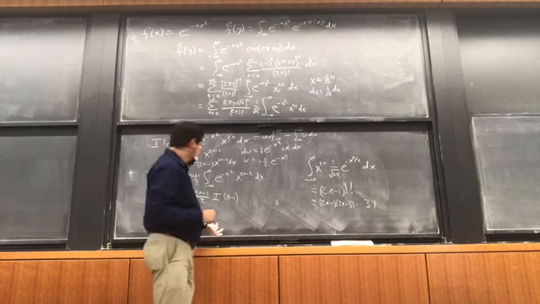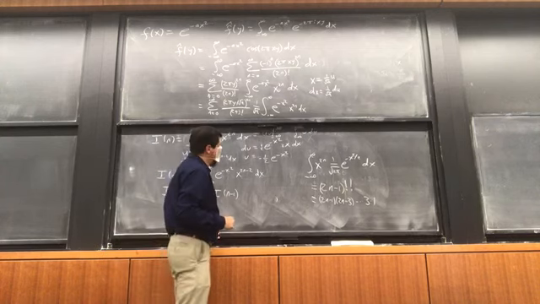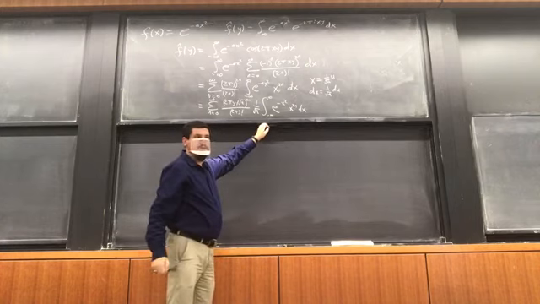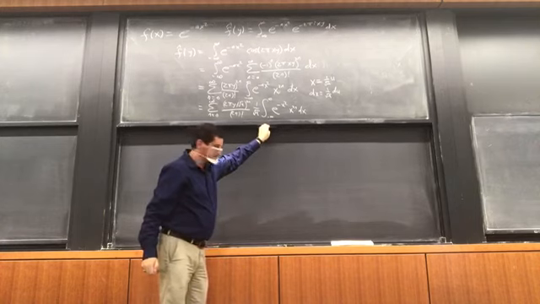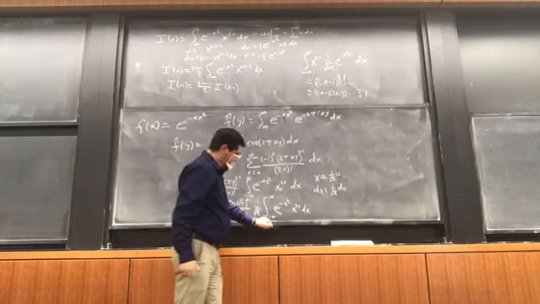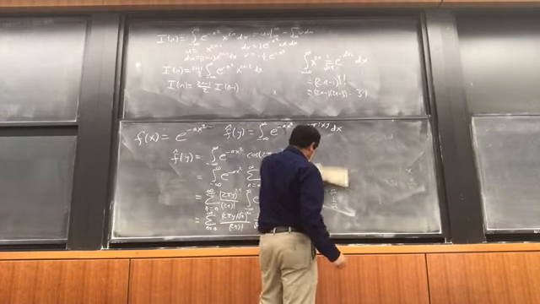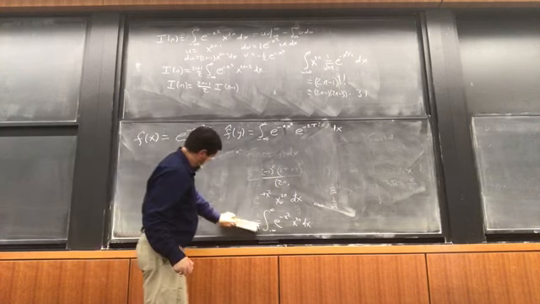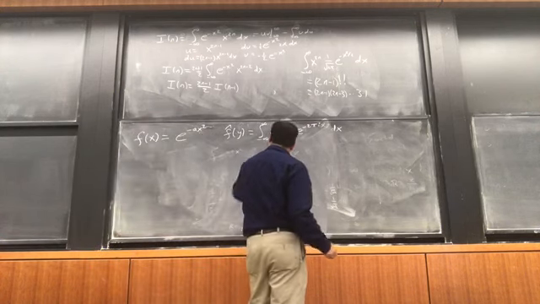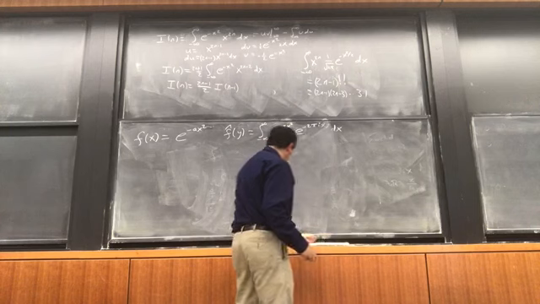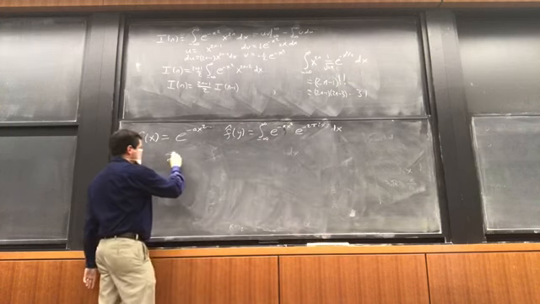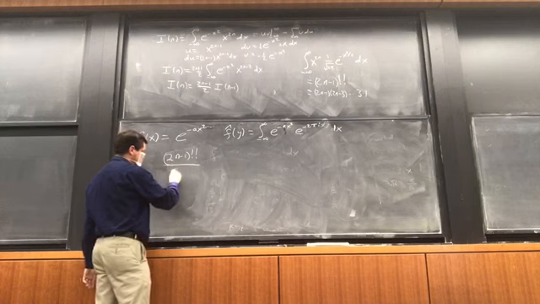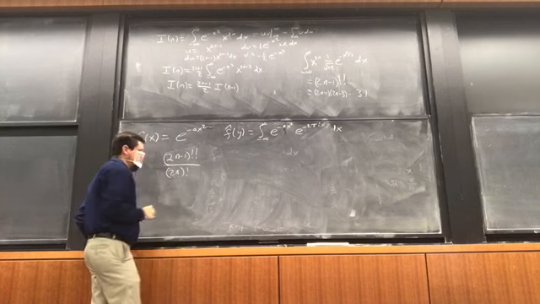Let me show you a little bit of how that algebra will look. Let's look at (2n minus 1) double factorial over (2n) factorial.